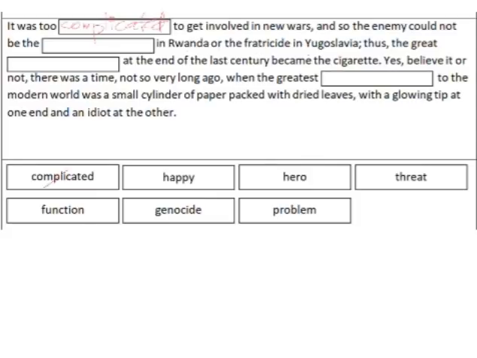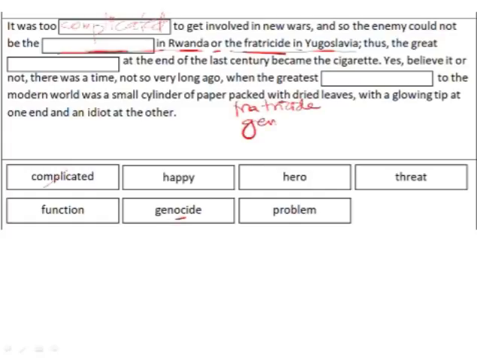Let's move on. And so the enemy could not be the something in Rwanda or the fratricide in Yugoslavia. This or tells us that these two parts of the sentence are parallel, so they should have the same structure. Rwanda and Yugoslavia are countries. Even if you don't know the meaning of fratricide, if you look at the formation of the word and find a similar word here, we have genocide.